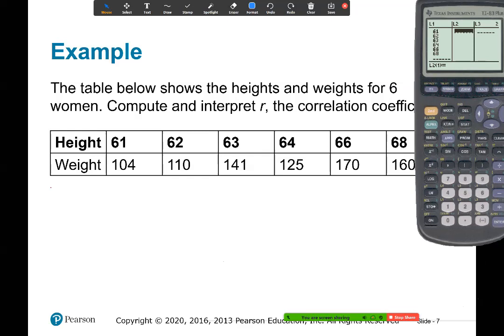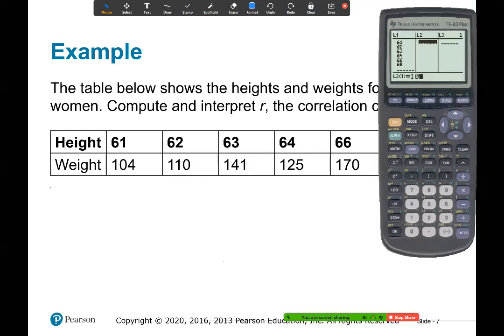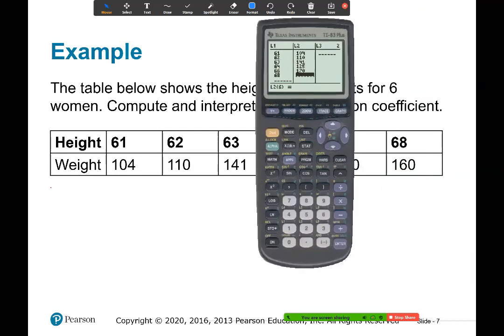So I'm going to have 104, 110, 141, 125, 170, and the last one is 160.